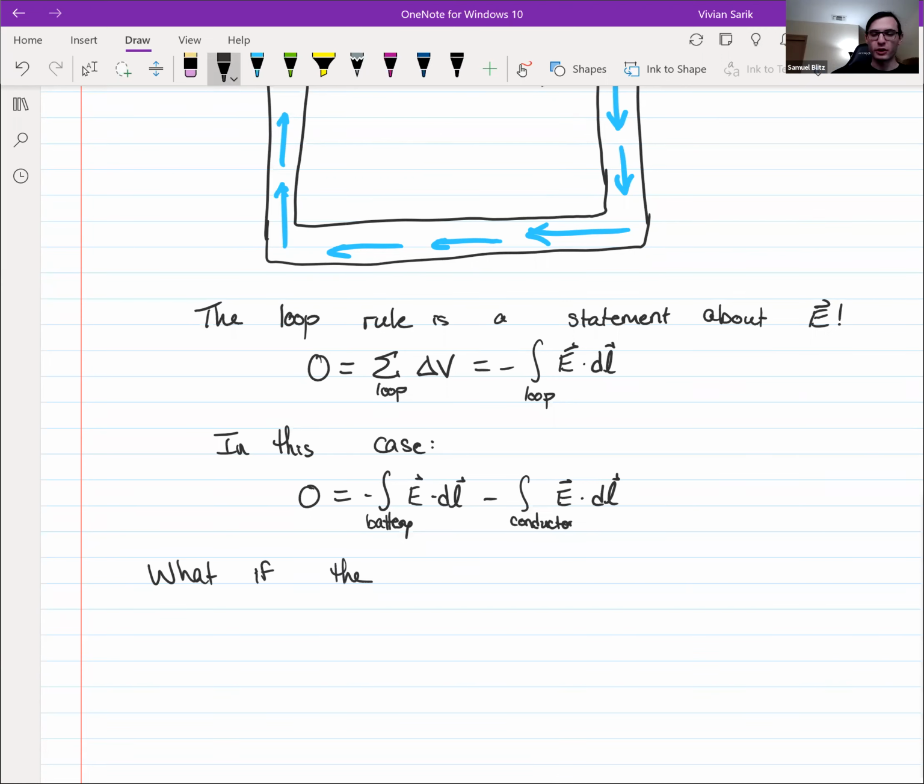What if the source of current flow was an induced EMF? Then there's nothing to cancel out the EMF around the loop. Then there is no battery.